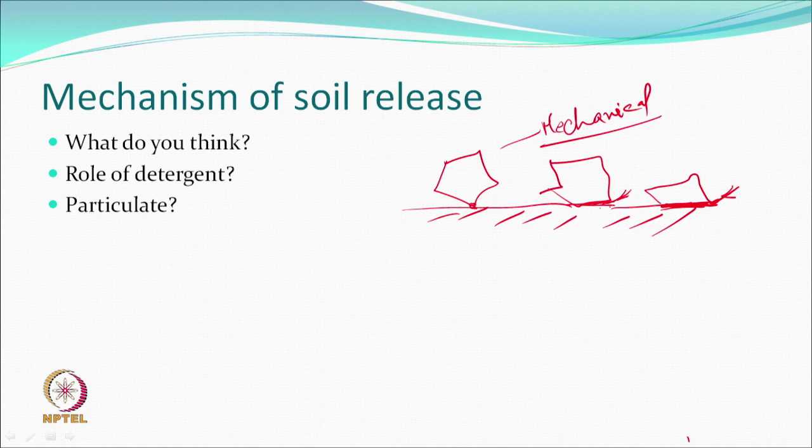Because it has been able to penetrate, the particle will be dislodged and go away into the solution, where the surfactant will again keep it suspended in the solution itself.